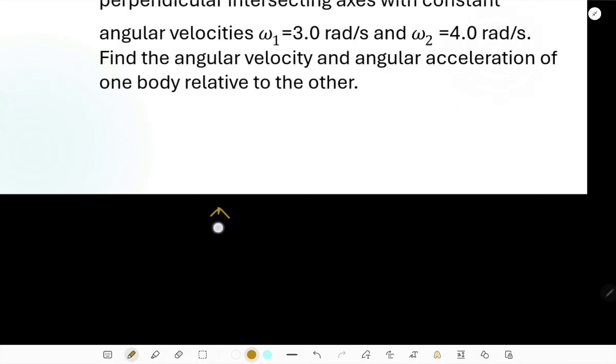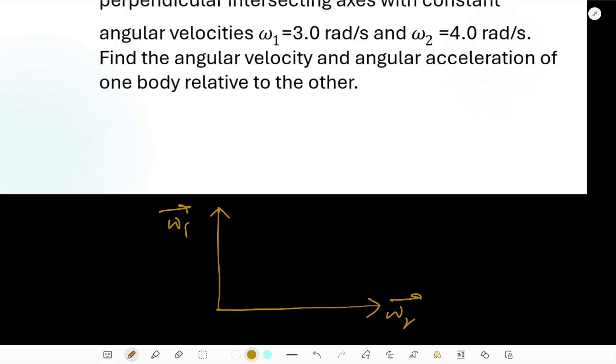So I can draw a diagram of two mutually perpendicular vectors, because angular velocities are in the direction of the axis about which the bodies are rotating.